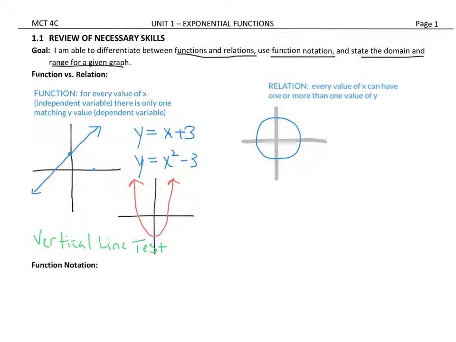So for example, if I had this particular x value here, and I drew a vertical line at that value of x, let me do that in a different color, you will see that it's actually going to cross the relation twice. So for that particular value of x, there are two different y values. That does not pass what we call the vertical line test, and therefore that's not a function.